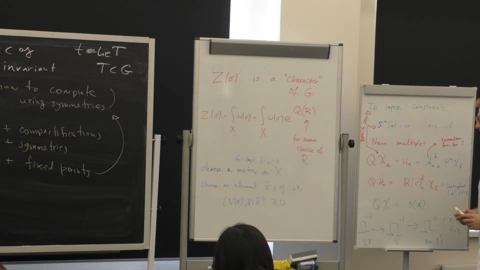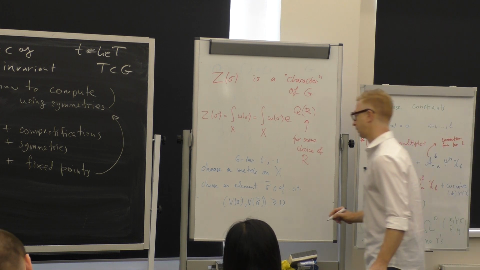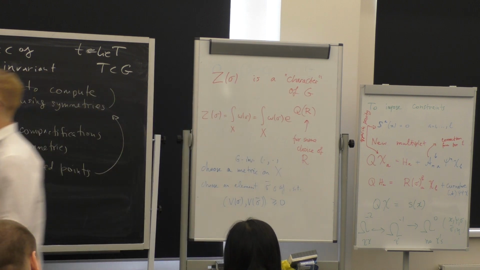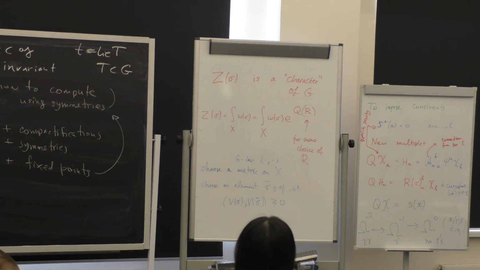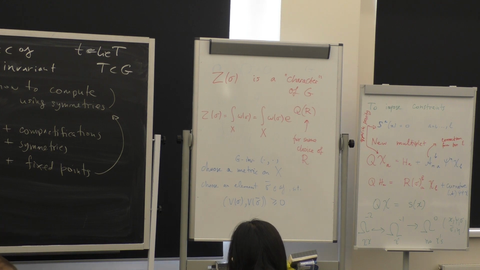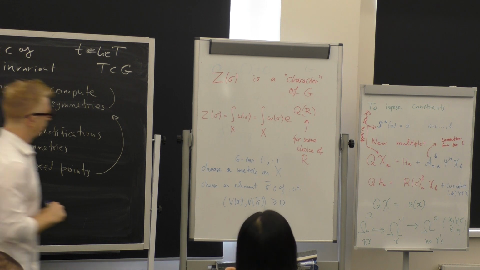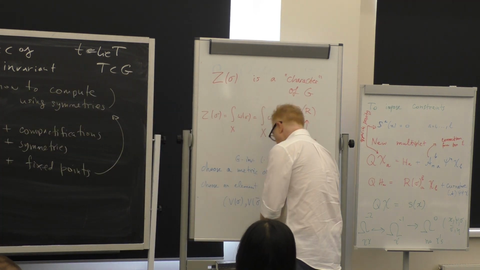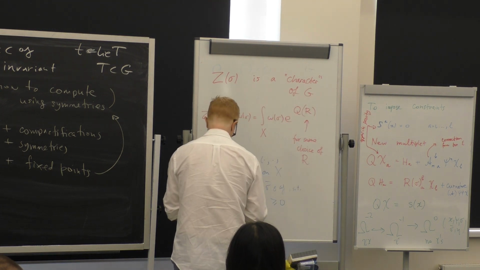It's not negative definite. Yes, V is a vector field which generates a group action. So V is a homomorphism from G to the vector fields on X.